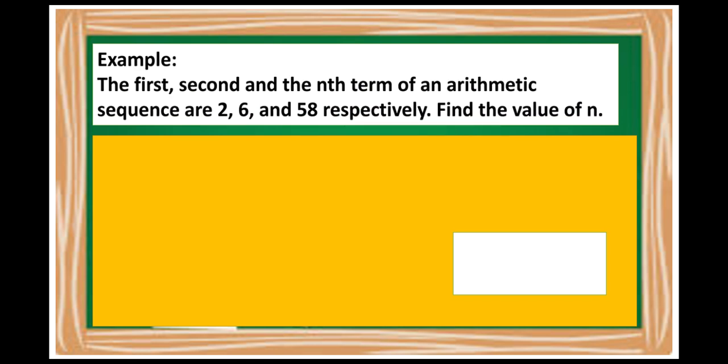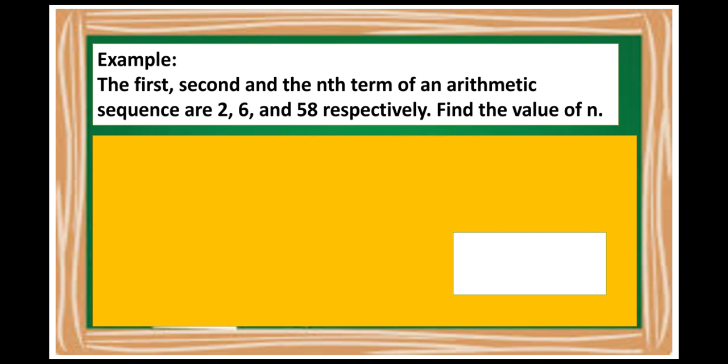Alright, let's move to our last example. It says that the first, second, and nth term of the sequence are 2, 6, 58 respectively. Find the value of n.